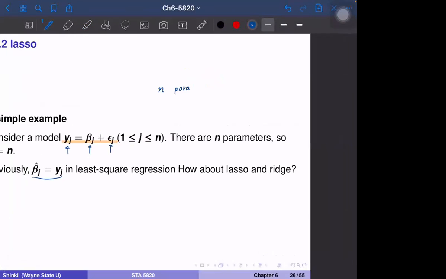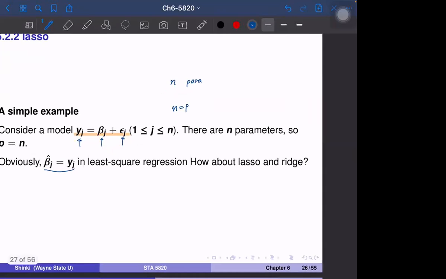Sorry, Professor, I didn't understand. What do you mean by parameters? You mean independent x variables? Parameters are the numbers we can adjust to fit to the data. So they are slopes or intercepts?